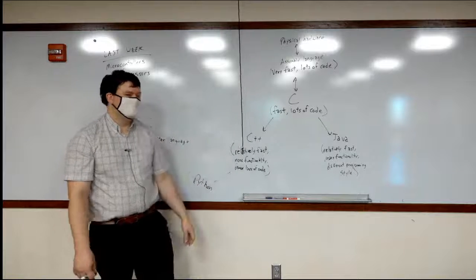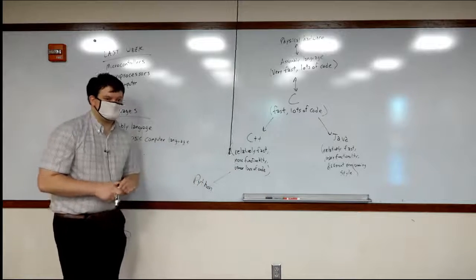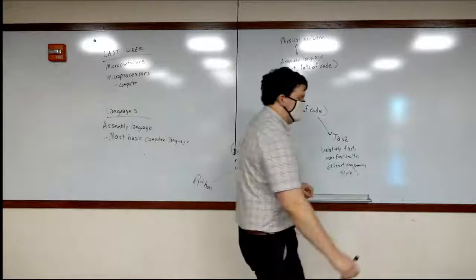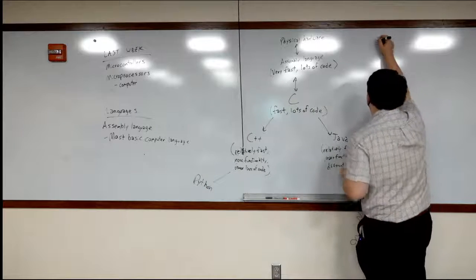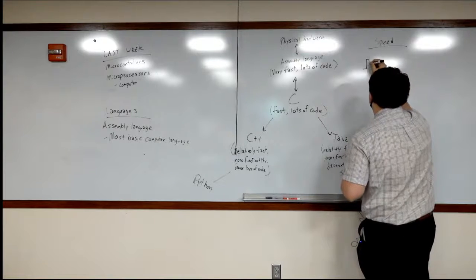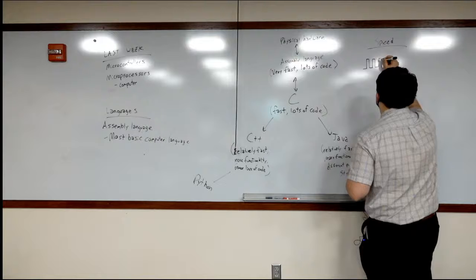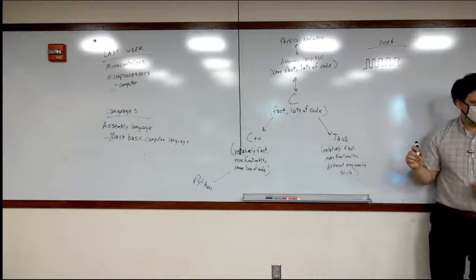Yeah. So, when you mean it's slower, what do you mean by it's slower? Okay. When it comes to speed, okay, your clock operates at a very certain constant clocking frequency, right?